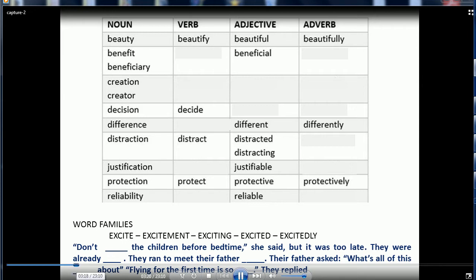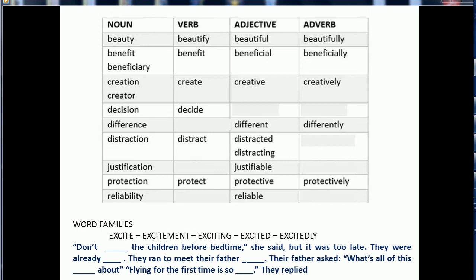The third one, creation and creator, as a noun. Then the verb for that we say create. The adjective for that verb you say creative, and the same happens with creatively as an adverb. Decision as a noun, decide as a verb, decisive as an adjective, and decisively as an adverb.